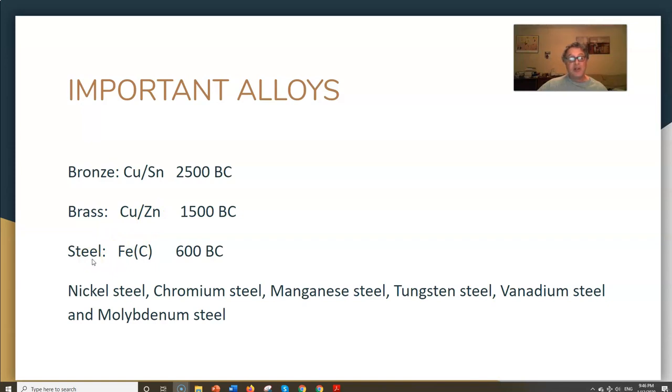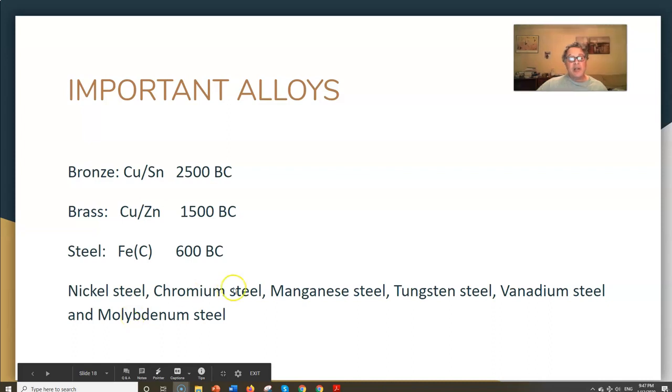Steel is a combination of iron with originally carbon, to make swords and knives, which was vastly superior to just plain iron. But of course, these days we have all sorts of different steel. So this is all iron combined with nickel or chromium or manganese or tungsten or vanadium or molybdenum.